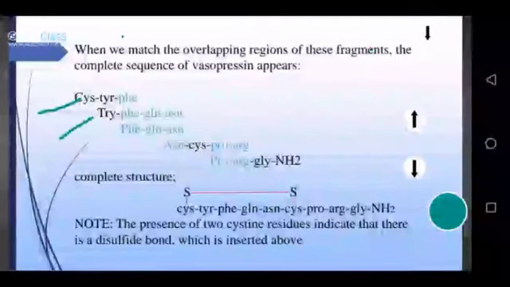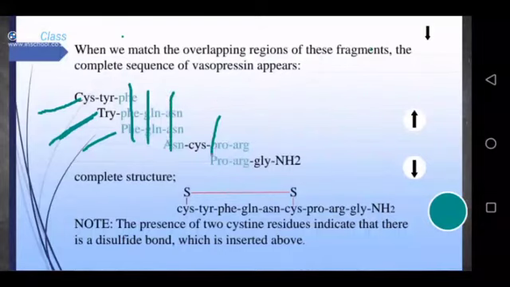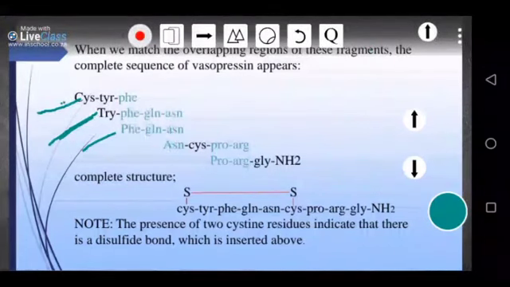In this first strand, it is found at the third position; in the second strand, at the second; and in this other strand, at the first position. So phenylalanine overlaps in the three strands. Glutamine overlaps in two strands. Asparagine overlaps in three. Proline in two. Arginine in two. That's the knowledge you use to bring out the sequence of this hormone.